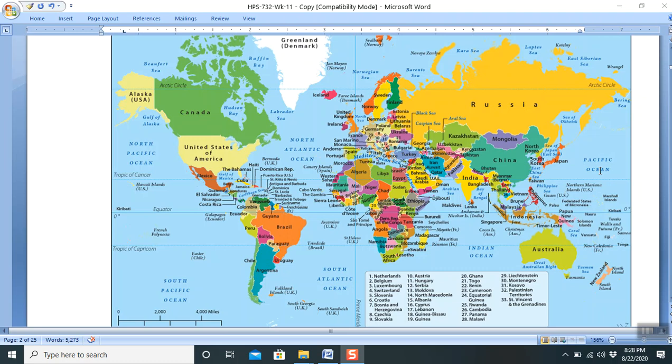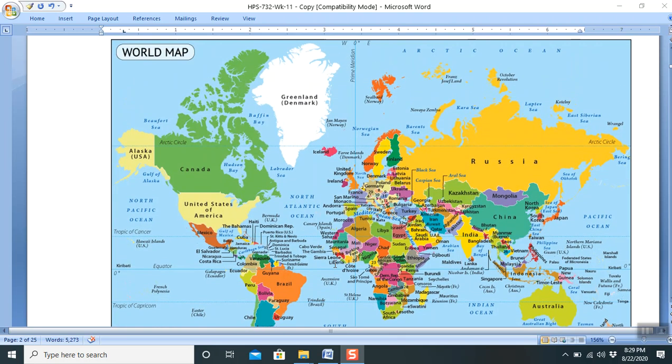This is the biggest ocean, situated between Russia and America. This is called the Pacific Ocean, and here is the North Pacific Ocean. Clear? Pacific Ocean, and then there is the next biggest, called the Atlantic Ocean.